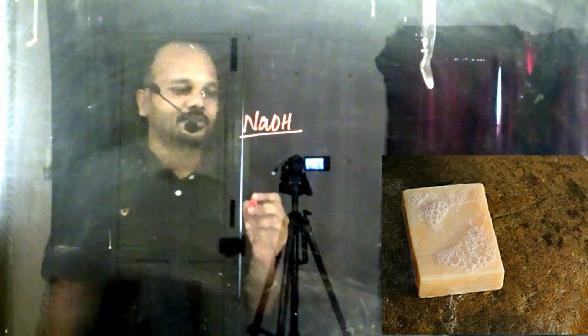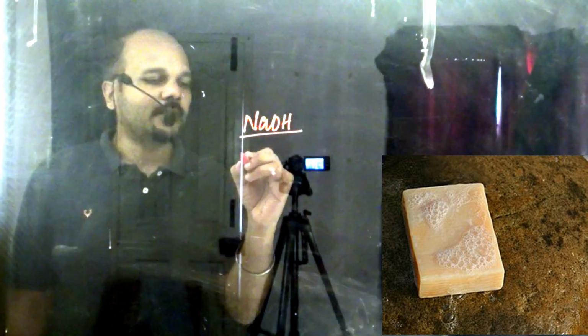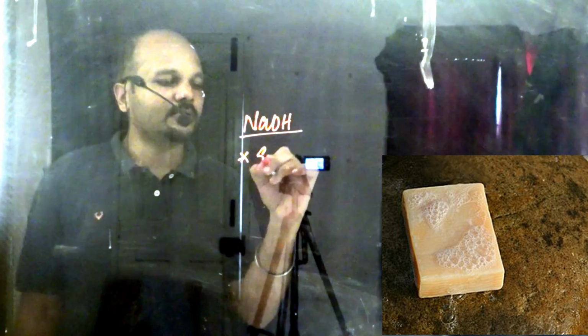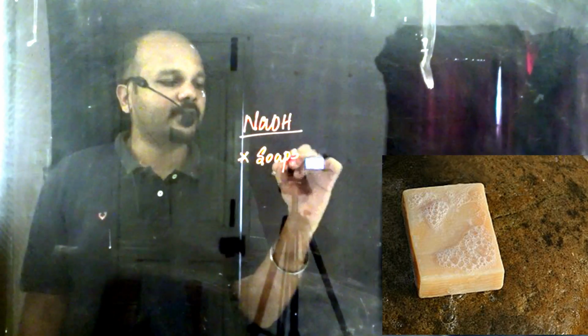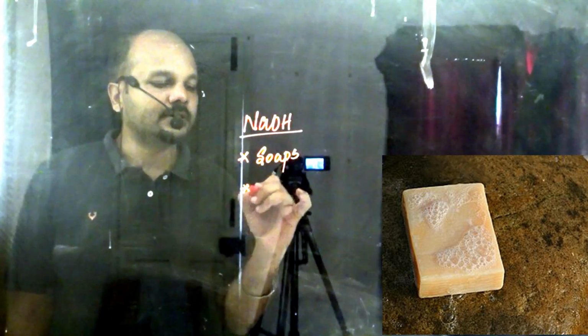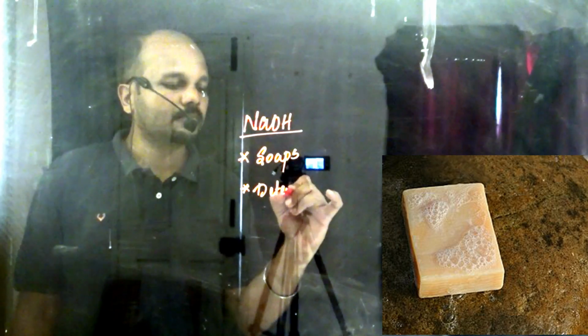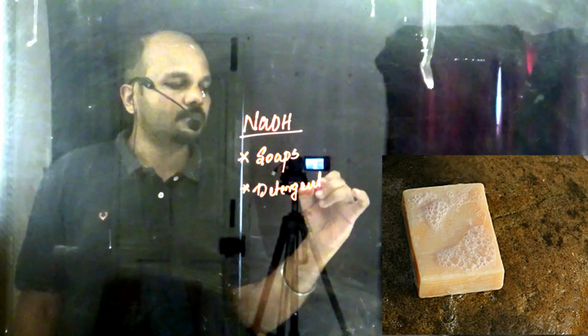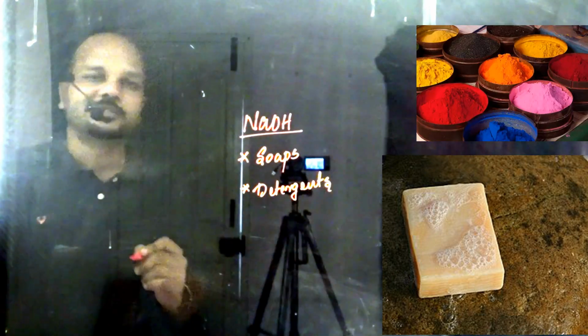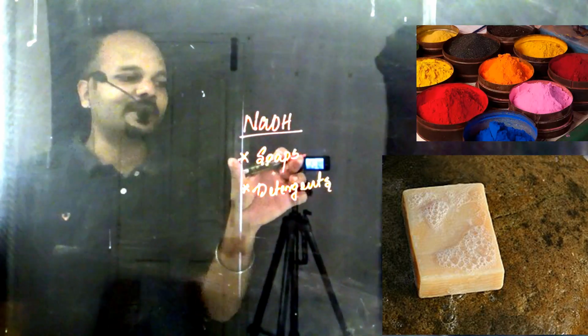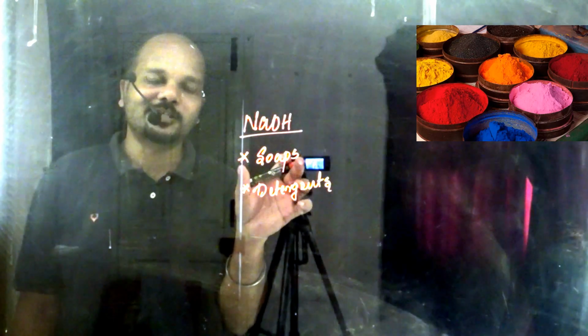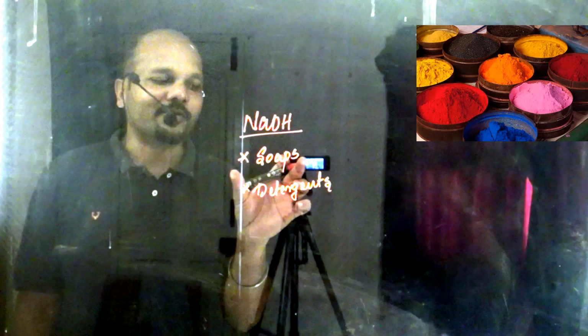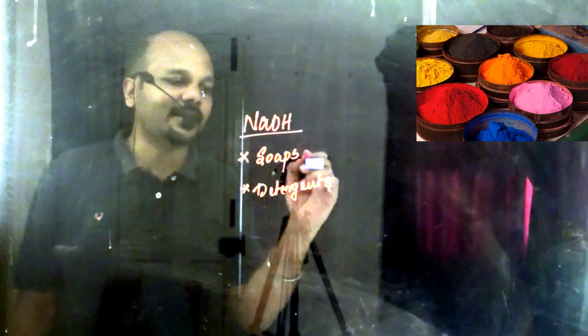And sodium hydroxide is used in multiple applications. It is used in making soaps and detergents. In fact, soap is made from sodium hydroxide. Sodium hydroxide is one of the components.